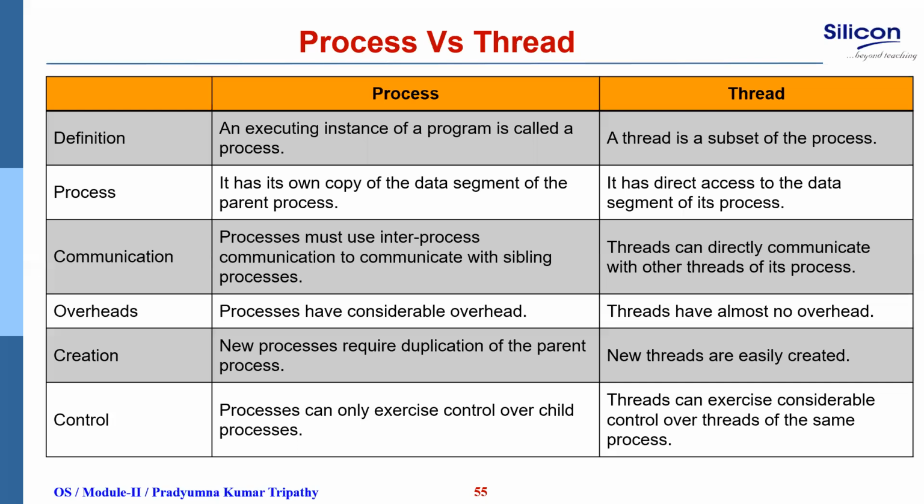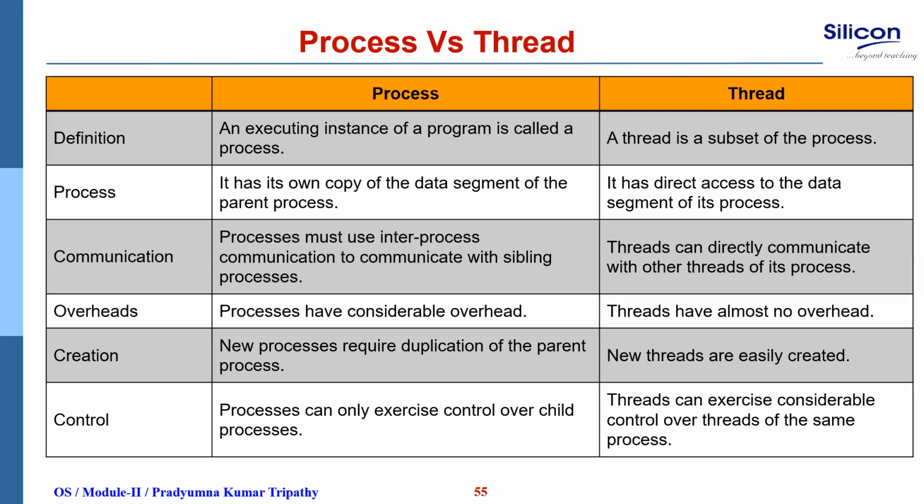Now, a process has its own copy of the data segment of the parent process. But a thread has direct access to the data segment of the process. I have already told you that data, code and files can be shared, so threads can have direct access.